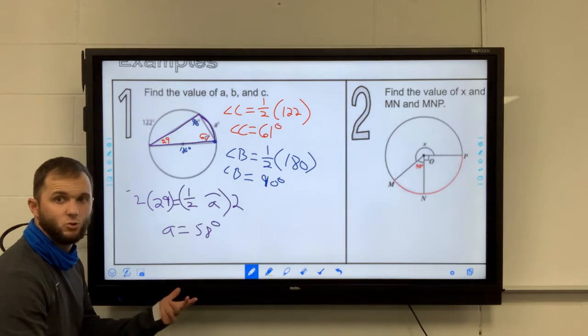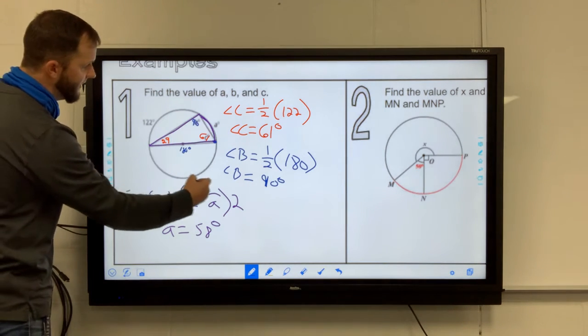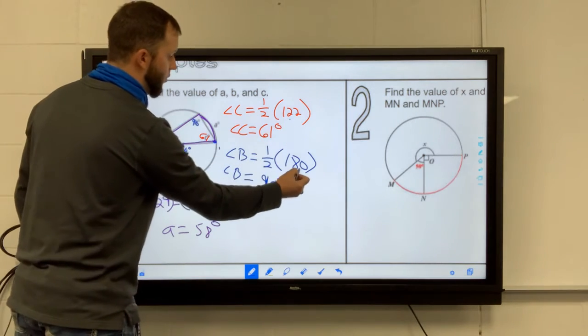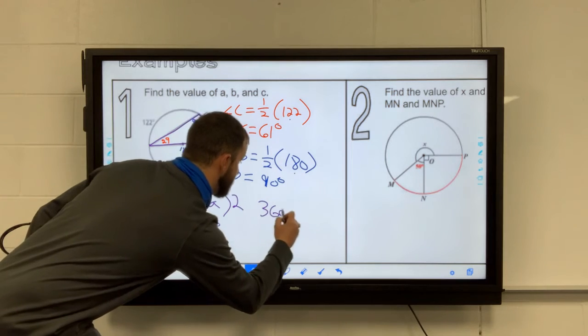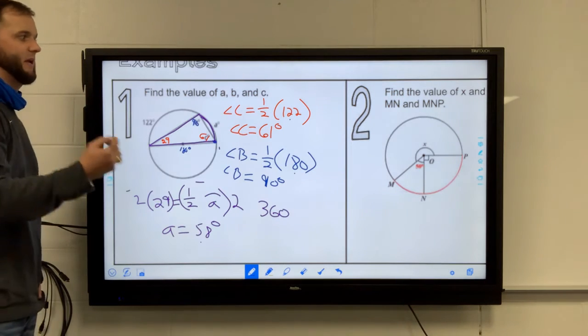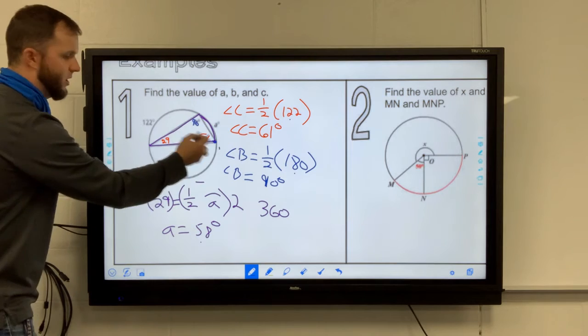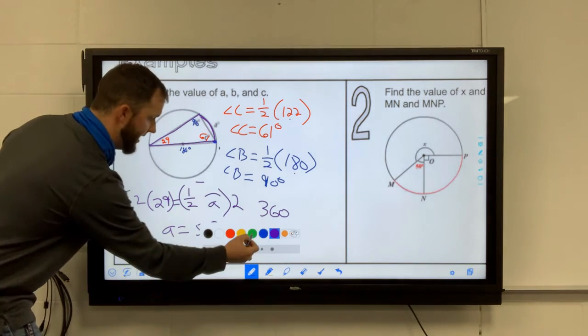And real quick, I just want to go ahead and show you guys something. If I took all the measurements of all of these arcs, they're going to add up to 360. So that means 122, 180, and 58 are all going to add up to 360 degrees. Well, let's think about it. All of my inscribed angles that I just drew here form a triangle. All the angles of a triangle add up to 180 degrees.